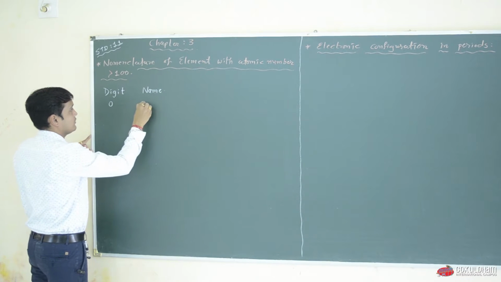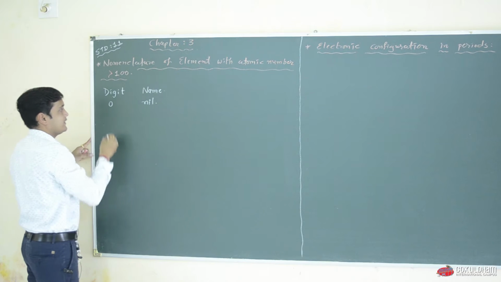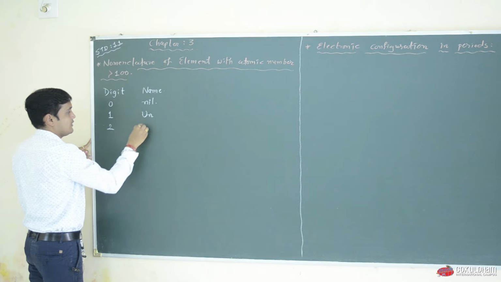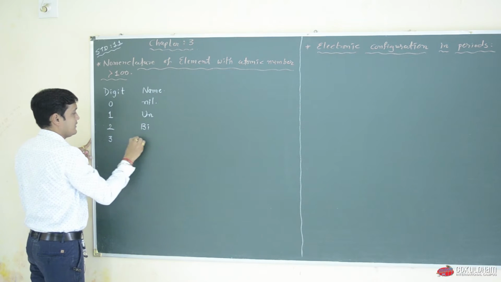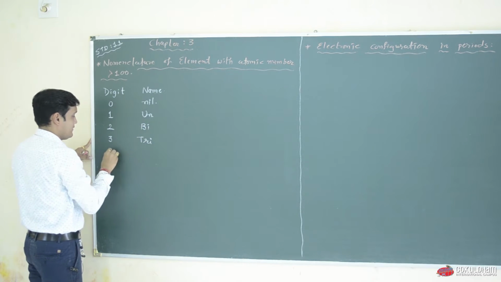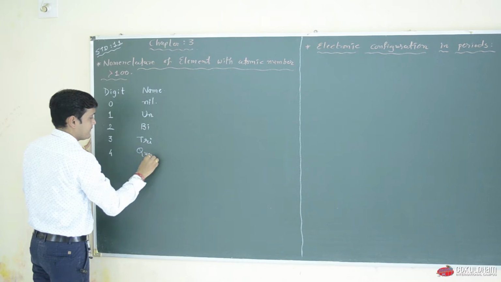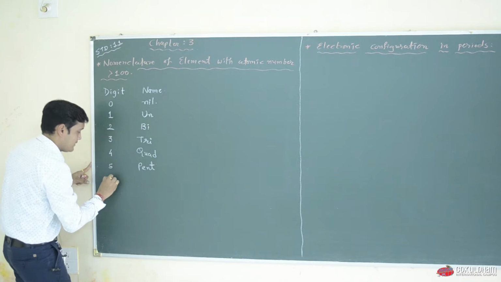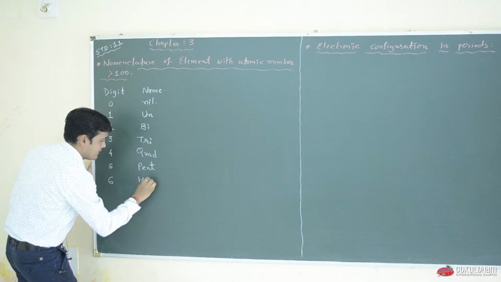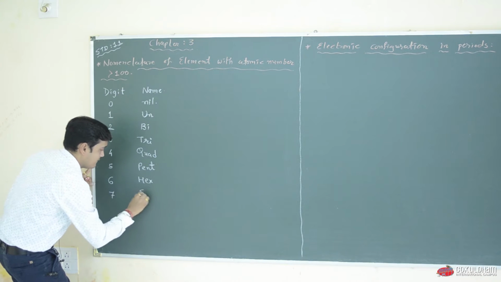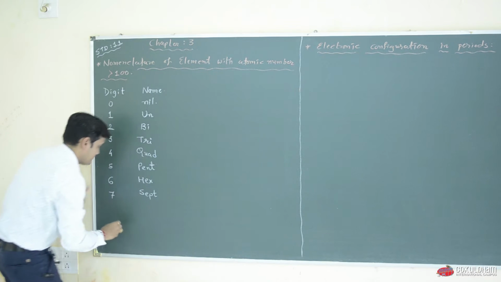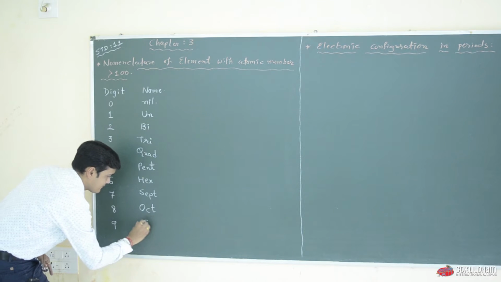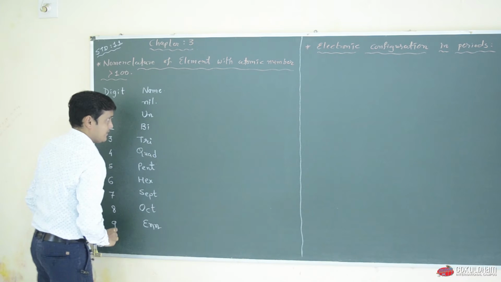If the digit is 0, you apply nil. If the digit is 1, you apply un. 2, bi. 3, tri. 4, quad. 5, pent. 6, hex. 7, sept. 8, oct. 9, enn, E-double-N.